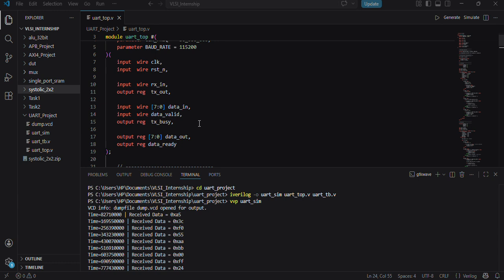This UART uses heavy FSMs. FSM stands for finite state machine. There can also be two FSMs: one is the receiver FSM and the other is the transmitter FSM.